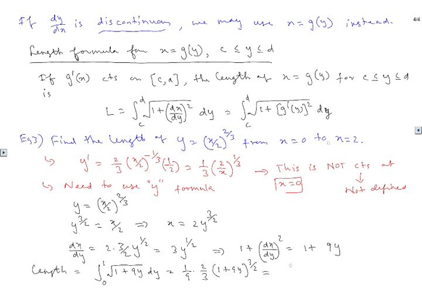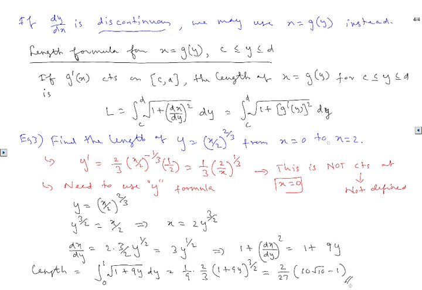If you plug in the numbers, you end up getting 2 over 27 times 10 square root of 10 minus 1. That is the exact answer. So you can see that you cannot do this problem using x, but you can do it using y.